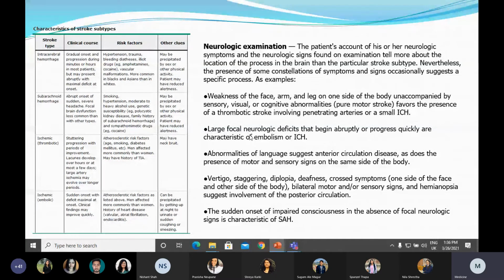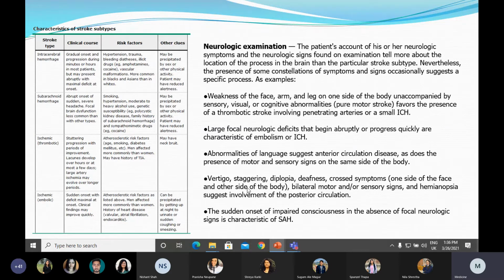If the patient has a large focal neurological deficit, which is very abrupt, progresses quickly and is maximum at the onset, then it's an embolism. But when it's not maximum at the onset, then it may be an intracranial hemorrhage.